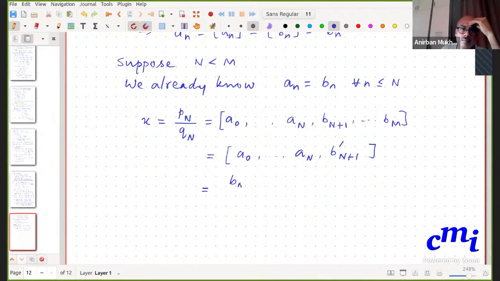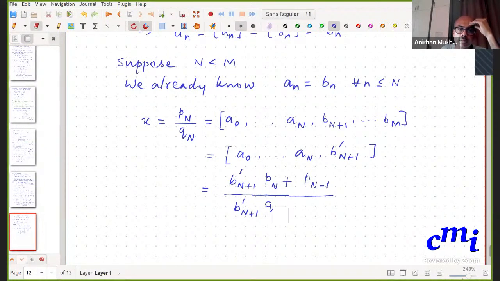And this is written as Bn plus 1 dash, so this can be written as Pn plus Pn minus 1 over Qn plus Qn minus 1.